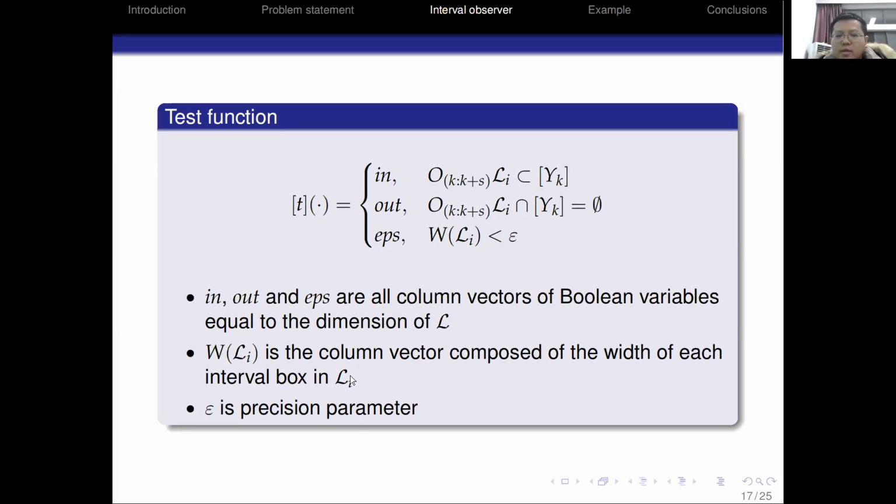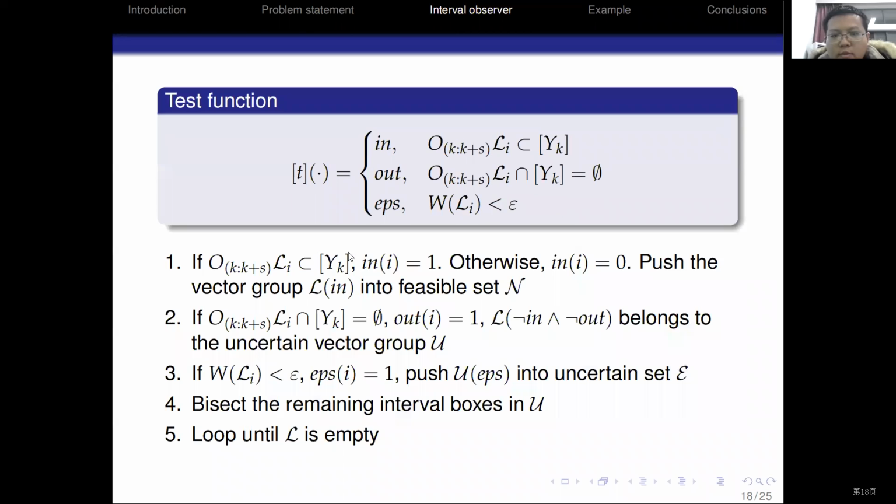Before we use this test function, we should set a precision parameter that determines to some degree this algorithm's effectiveness. It is the epsilon. In the previous analysis, we had 4 different situations.